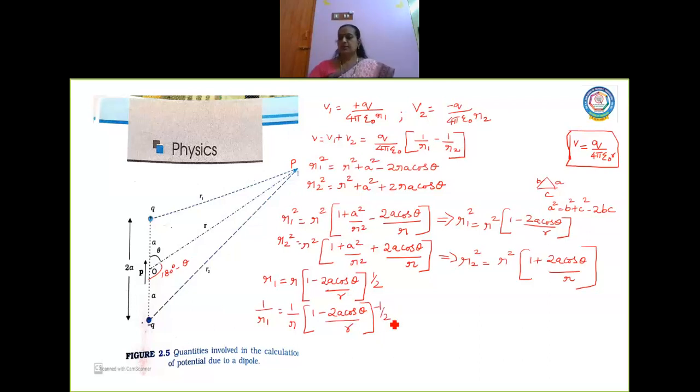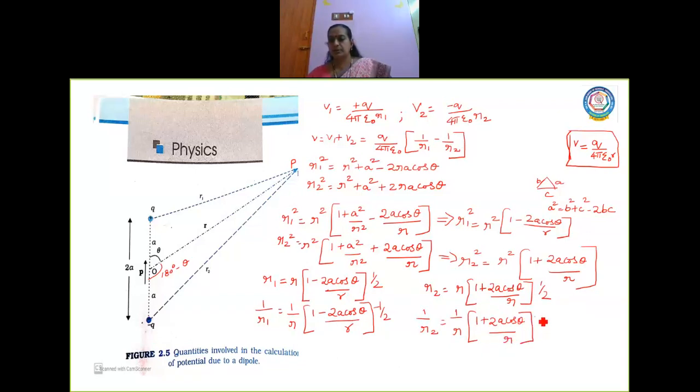Okay. Similarly, I will write for r2 also here. r2 will be r into 1 plus 2a cos theta by r the whole power half, and 1 by r2 will be 1 by r, and I have inside 1 plus 2a cos theta by r the whole power minus half.